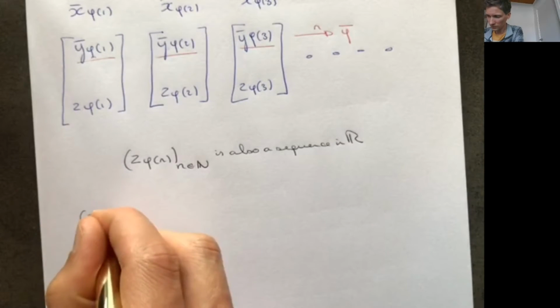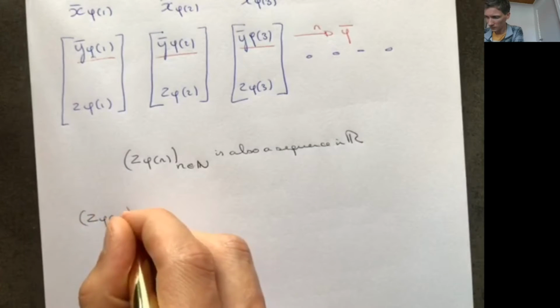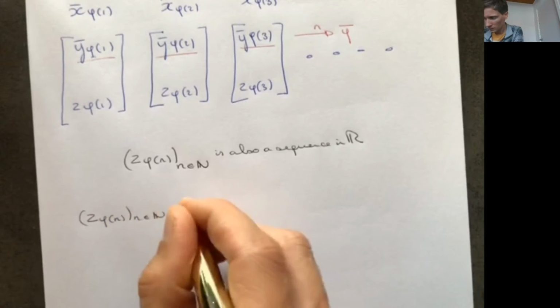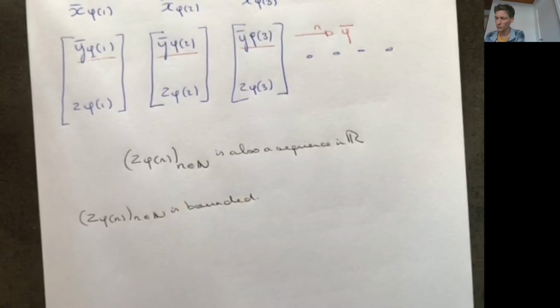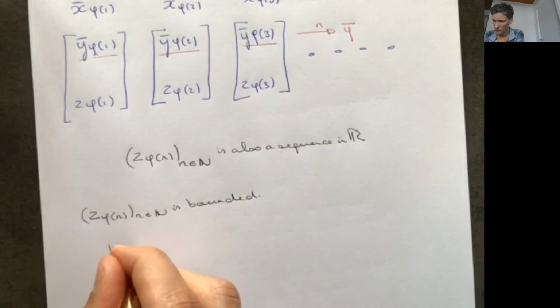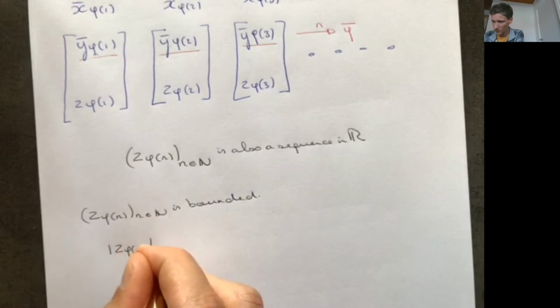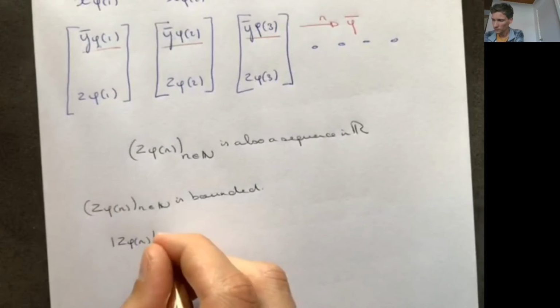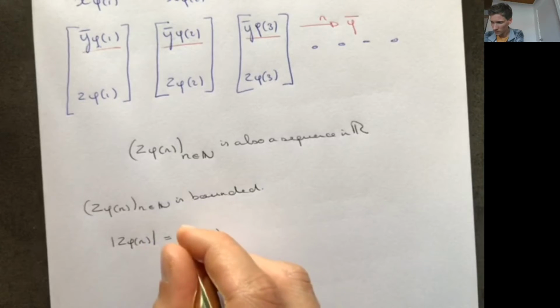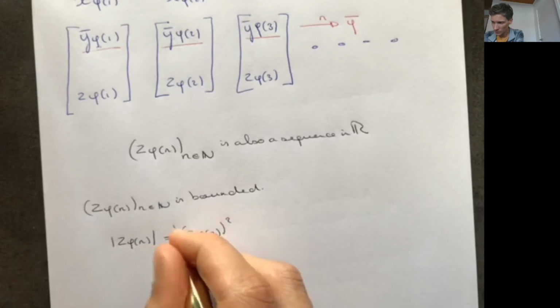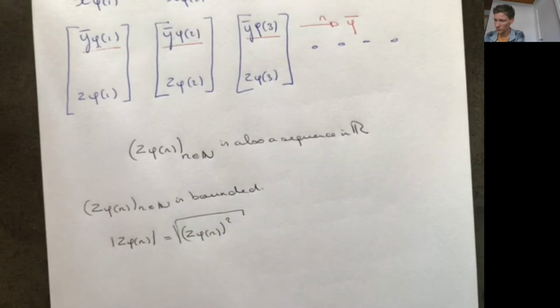Let's show that z phi n is bounded. How can you show that this is bounded? Well, we have the absolute value of z phi n. This is equal to z phi n squared, and then taking the square root.